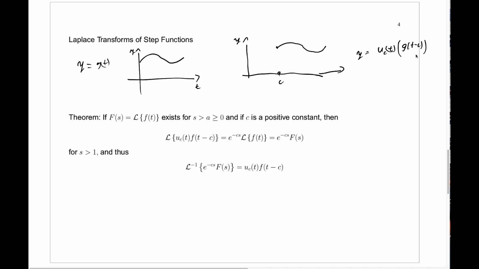Now here's a question. Do we have any way of computing the Laplace transform of things that look like this? And the good news is, of course, yes, we do. Here's the theorem.